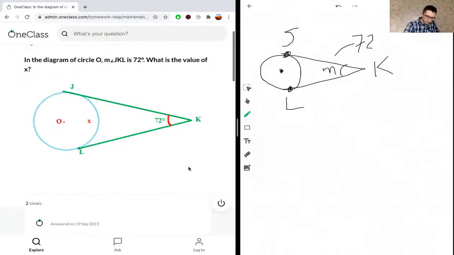And then we have something like this, and then we have the angle X over here. Okay. So I'm going to erase the label for the angle X, just so it doesn't get in our way. So up here is supposed to be a J.